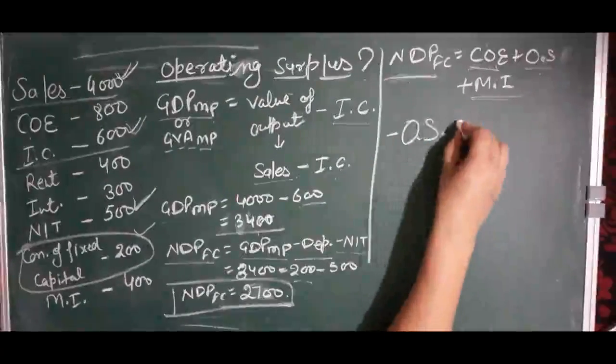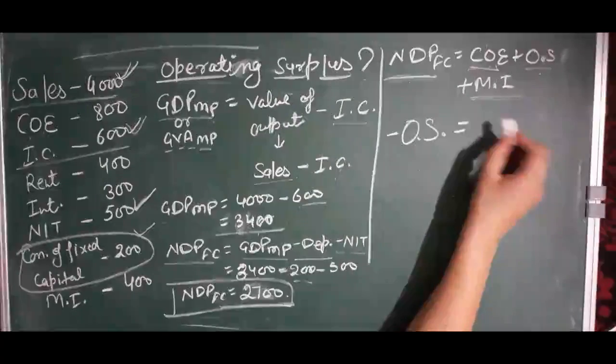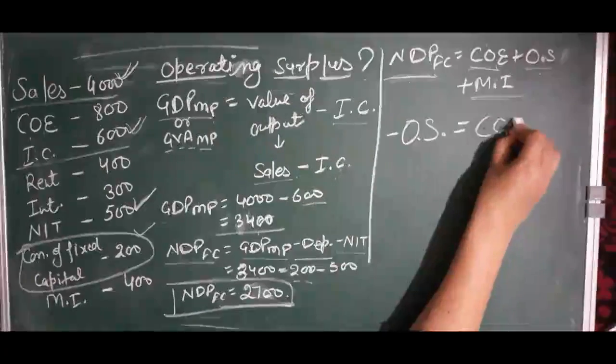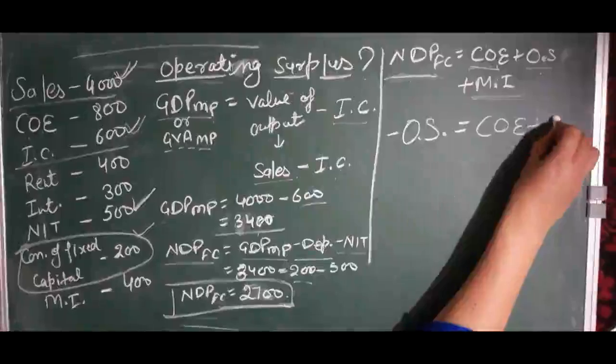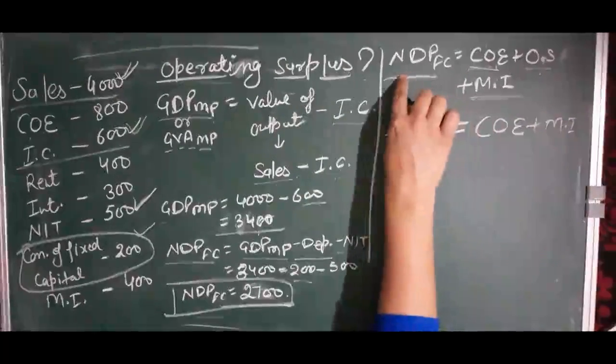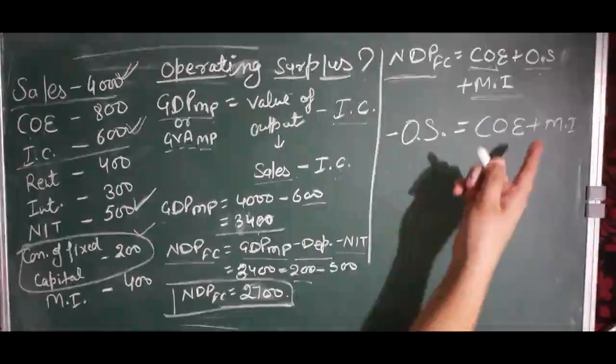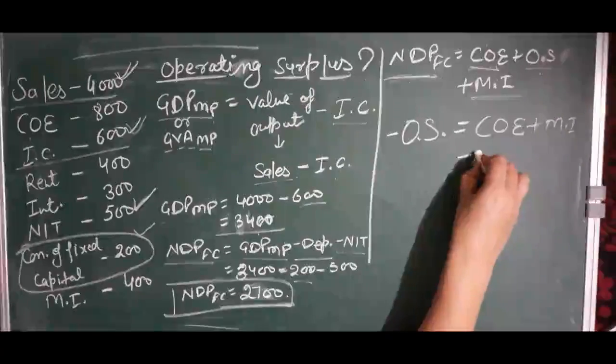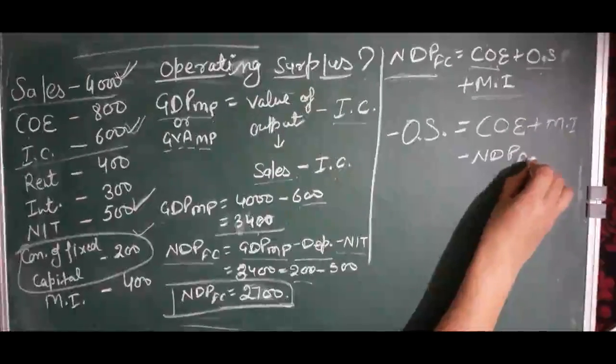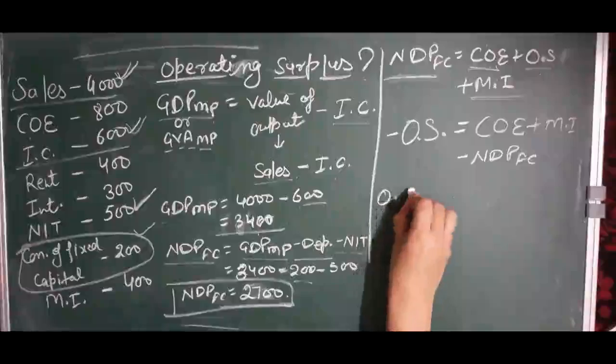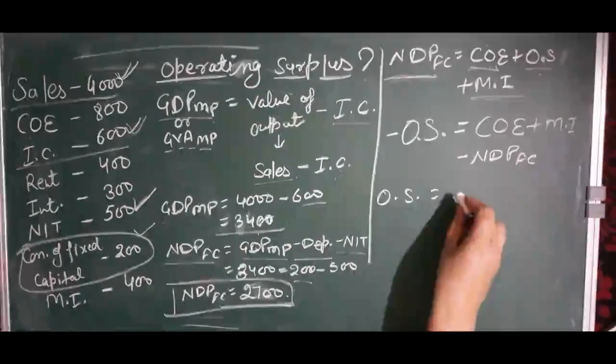It will become negative. On the right hand side we have compensation of employees plus mixed income and NDP at FC. We will take NDP at FC to the right hand side. It will become negative NDP at FC.